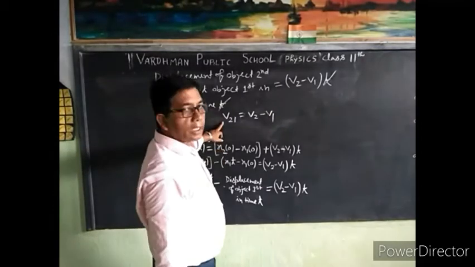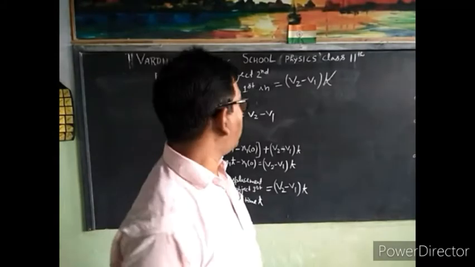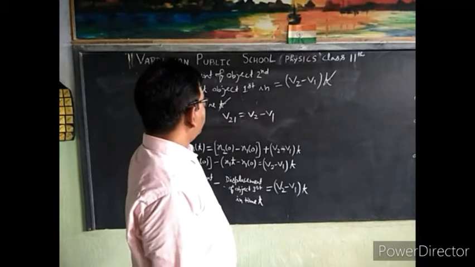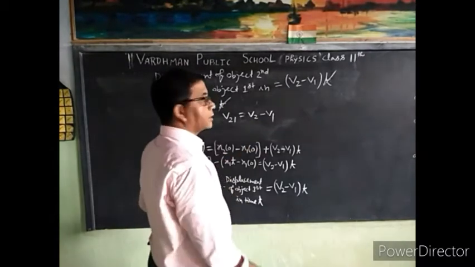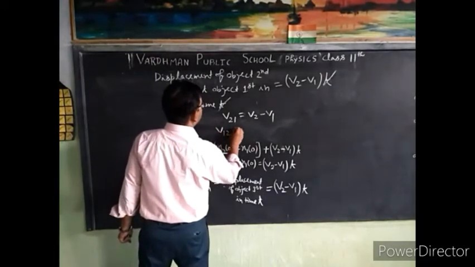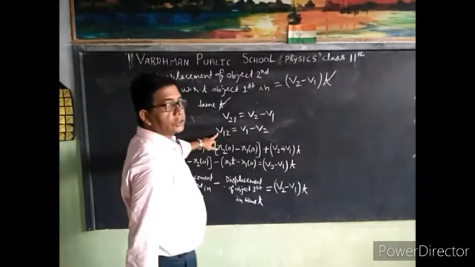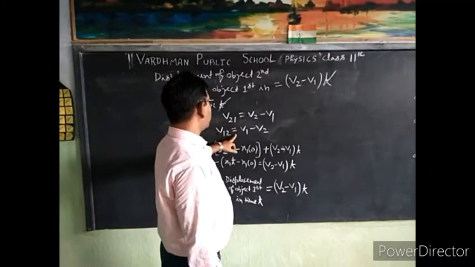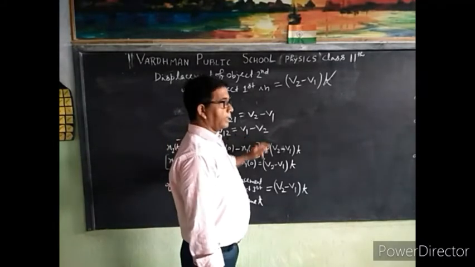Thus the relative velocity of object second with respect to object first when they are moving in the same direction is equal to v2 minus v1. Similarly, we can write v12 is equal to v1 minus v2. Relative velocity of object first with respect to object second is equal to velocity of object first minus velocity of object second.